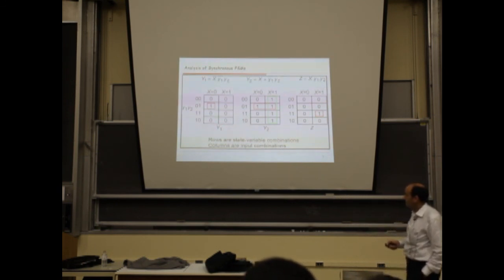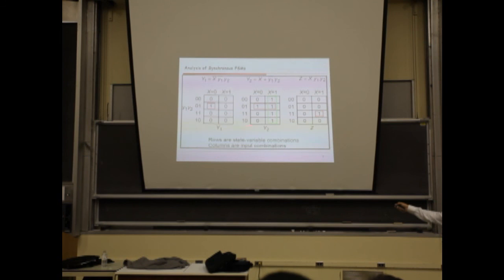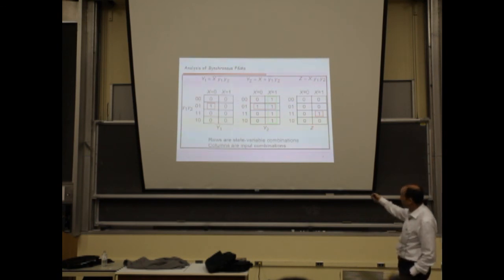Which means by combining Y1 and Y2, I can determine the behavior of this machine. Given that I am in a certain state 0,0 and my input is 0, I know that my next state is going to be 0,0. This one is for y2 and this one is for y1. And I can tell that my output is this. So this is one step in the analysis.